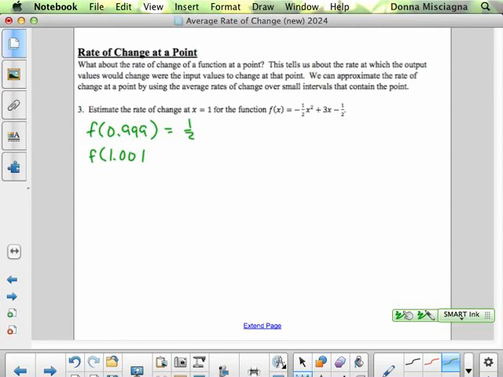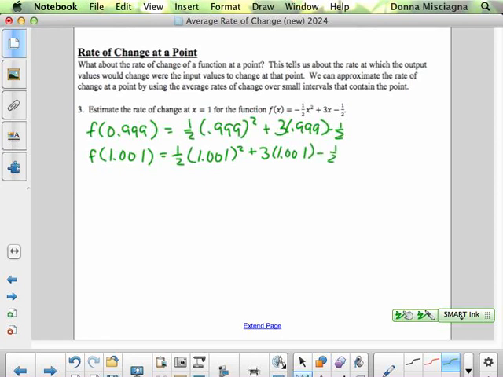So somebody could plug this into the calculator. Can I get two people to plug, one person to plug the top one in, one person to plug the bottom number in?